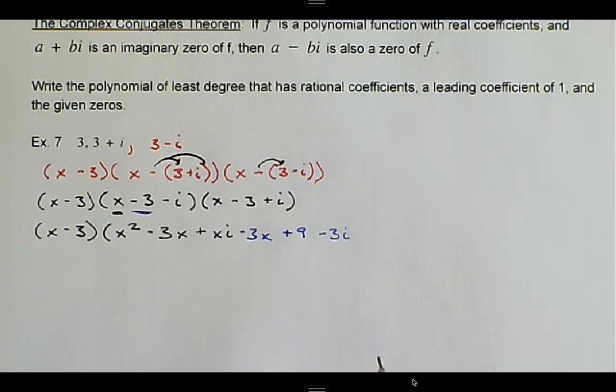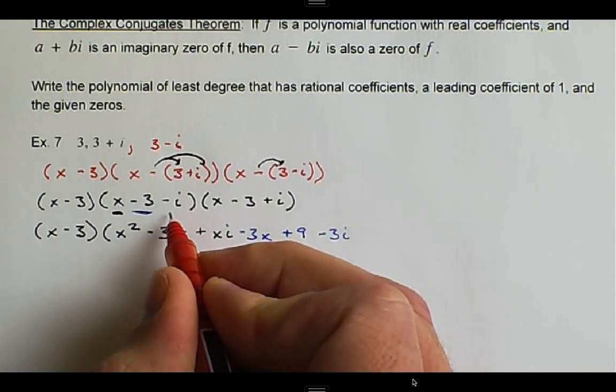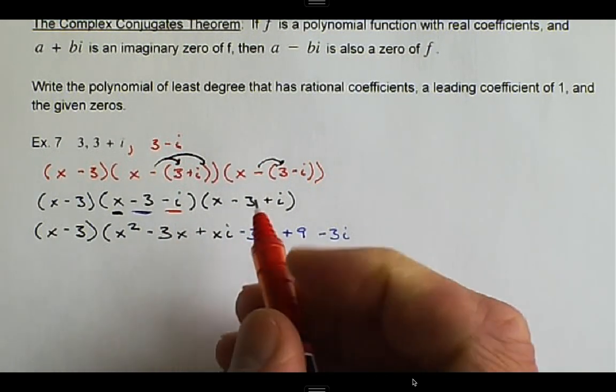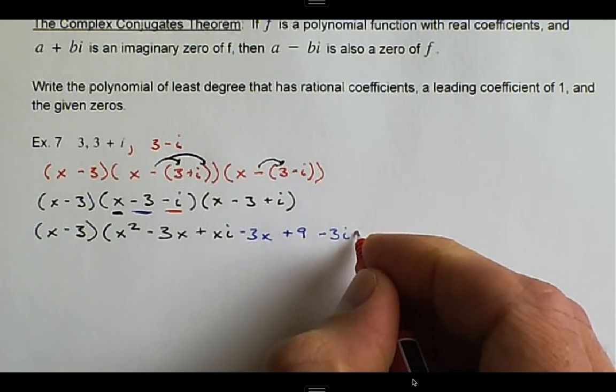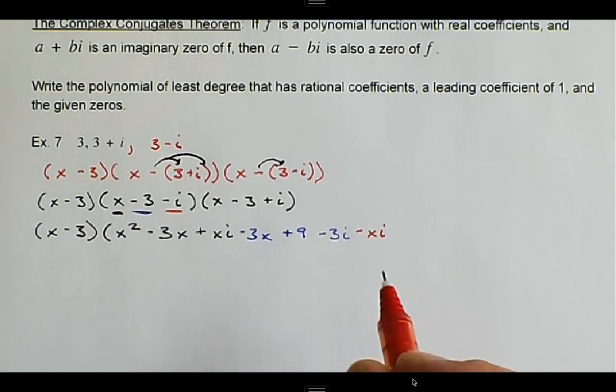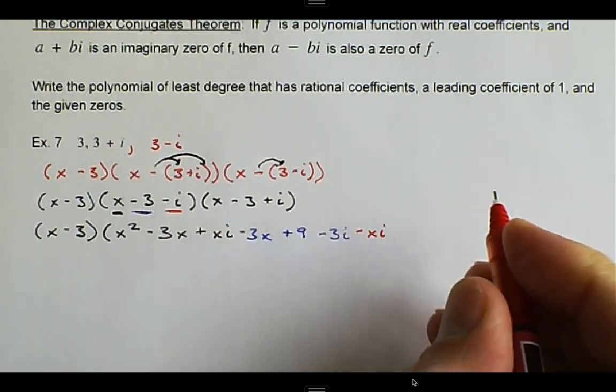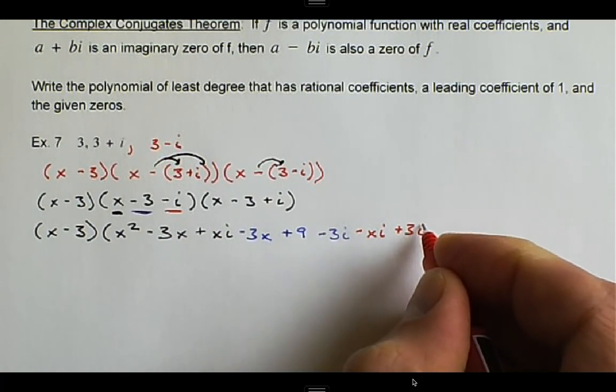And then last, we are going to multiply by the negative i. So negative i times x is negative xi. Negative i times negative 3 is positive 3i.